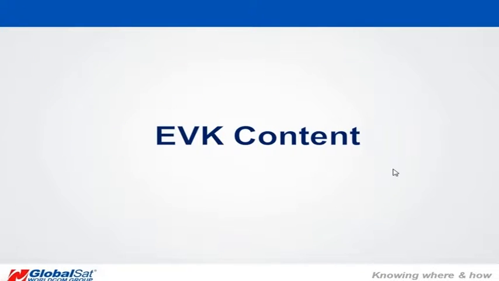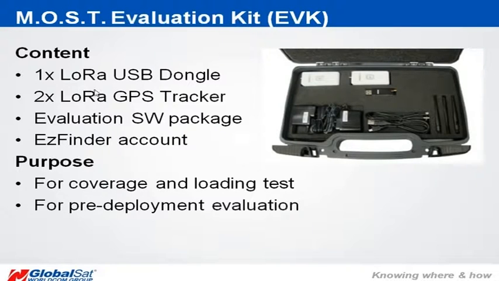First of all, we will introduce the contents of the EVK products and the installation of accessories: a LoRa USB dongle, 2 pieces of LoRa GPS trackers, software for the dongle and trackers, and a free account for ezfinder.